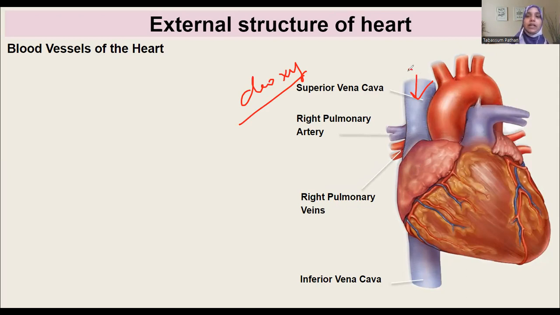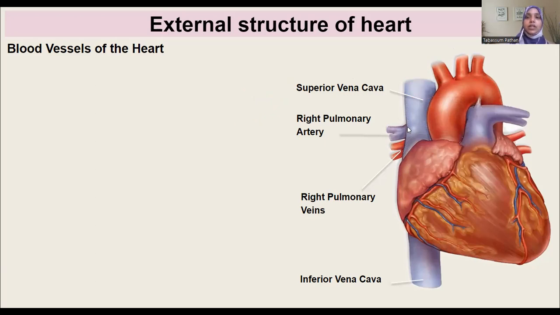The blue ones carry carbon dioxide, which is why they appear bluish in color, and the red ones carry oxygen. So the red ones are your arteries and the blue ones are your veins.